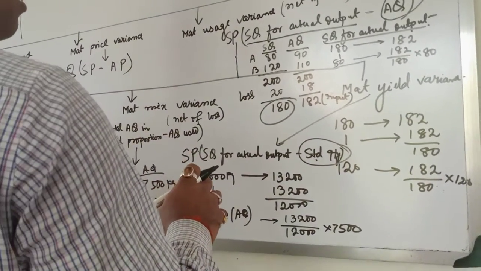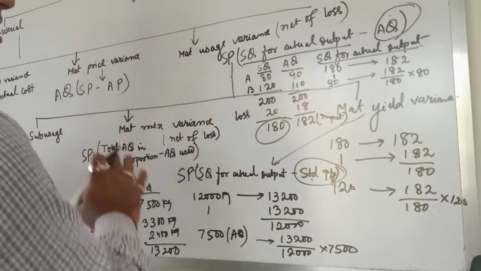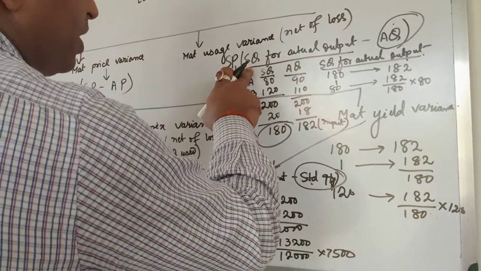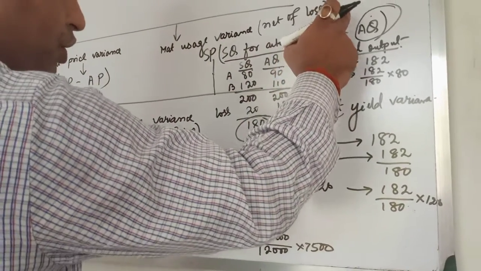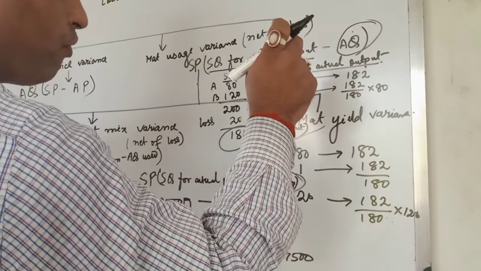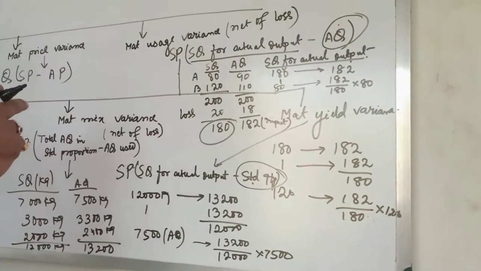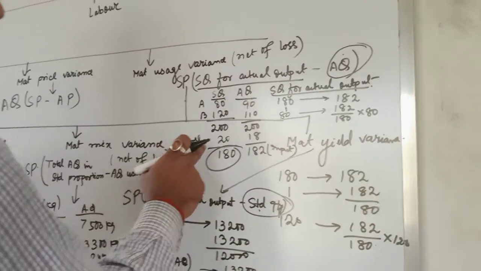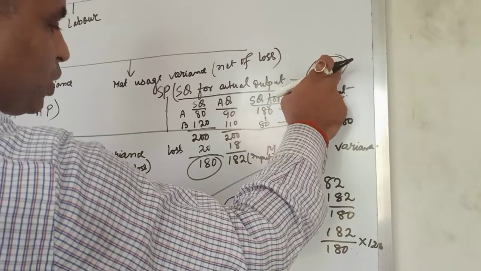One thing you must learn: when making the usage variance or material yield variance, and you derive the standard quantity for actual output by the unitary method, you will take the gross amount of this figure, not net of loss, and then compare it with the actual quantity.